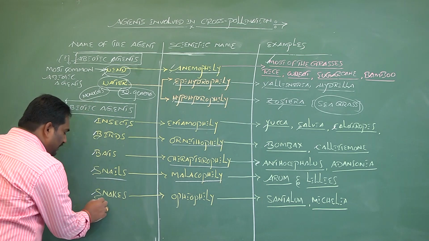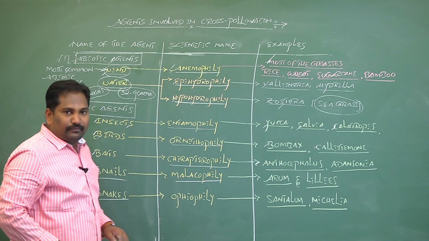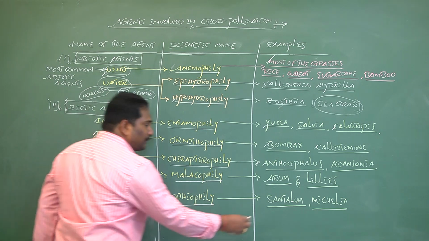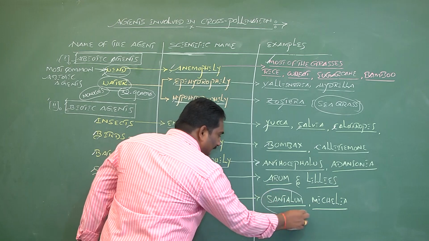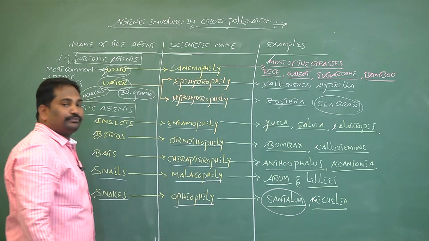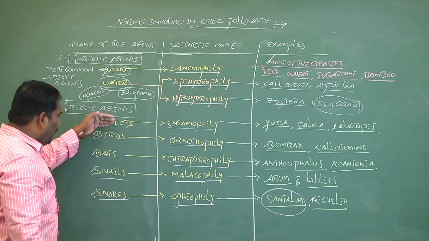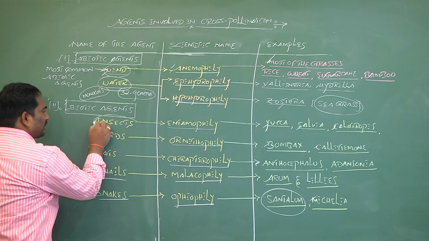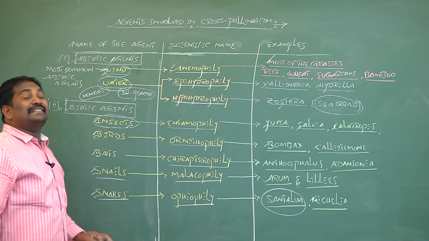If cross-pollination is by snakes, it is called ophiophily. Example, parasitic plant Santalum album and Michelia champaca. Out of all these biotic agents, the most common biotic agent is insects.